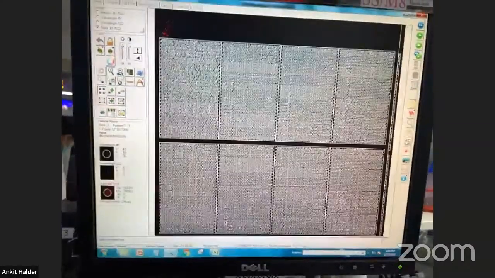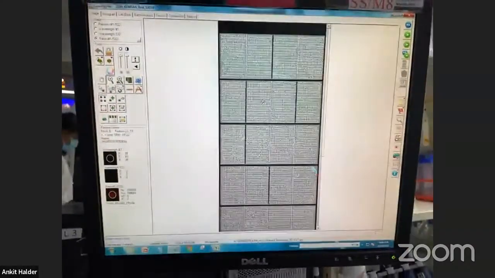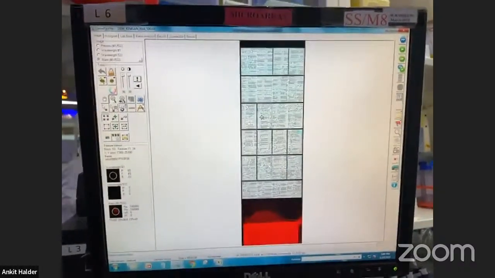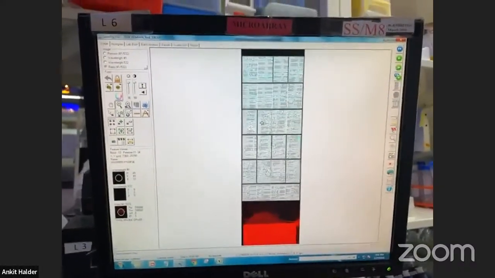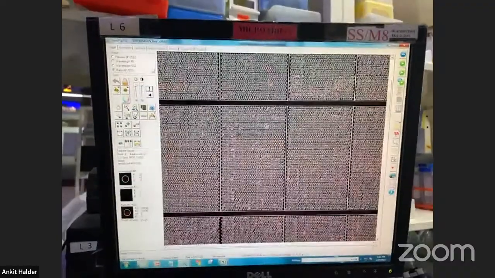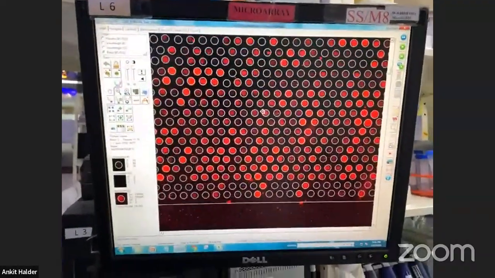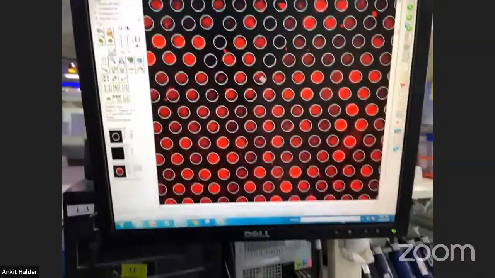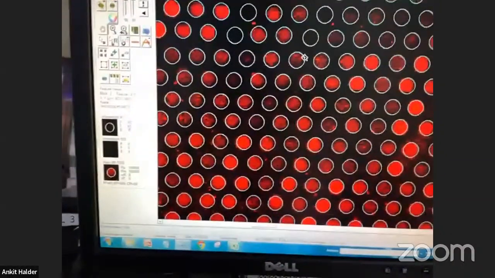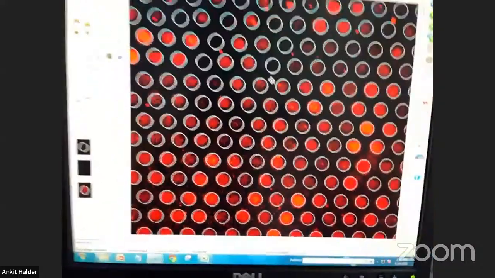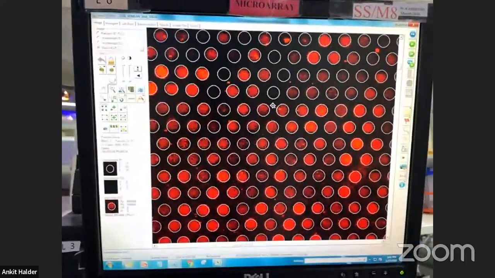In the case of SARS-CoV-2, all the peptides of the various proteins of the virus were printed. So again, it is a very high density format to look at the entire proteome in a single snapshot, and to look at the immunogenic response using different types of tags which you can use to detect the signal.